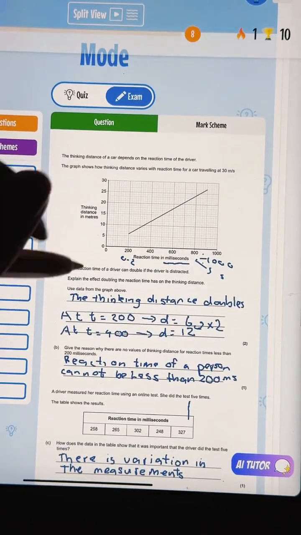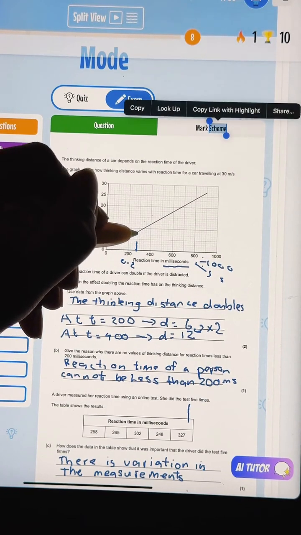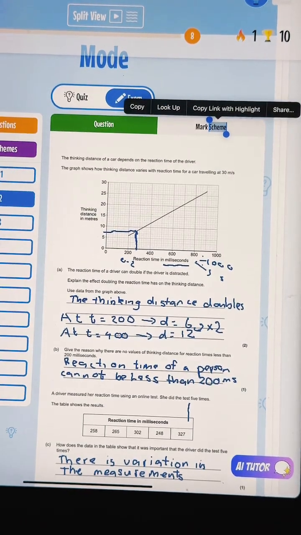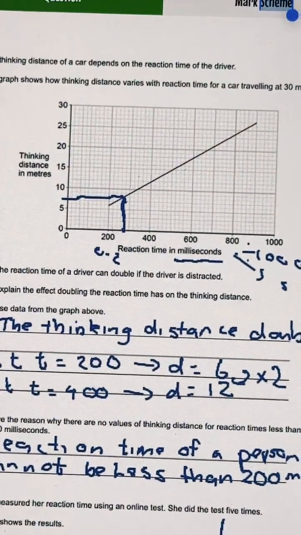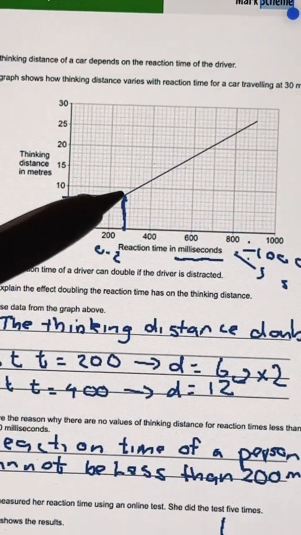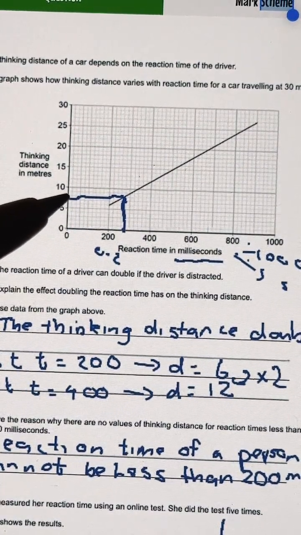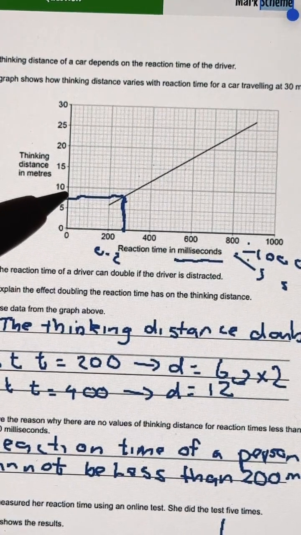So on this graph, 280 is somewhere here. And then you go across from there. If I had a ruler, I'd obviously be more accurate. My line is rough, but if you go across, it should be more level to about there. So it's somewhere between 8 and 9.